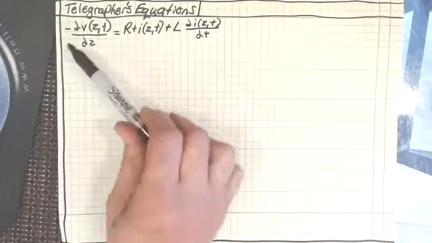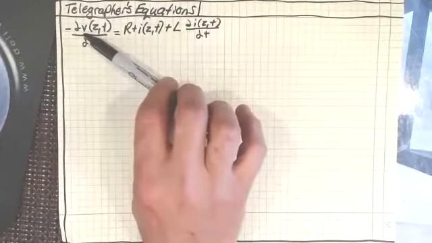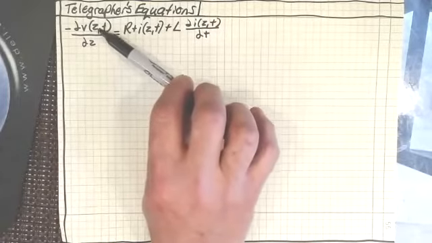Now, if you're looking at these equations, you're probably thinking, of course they're partials, because the voltage there is a function of z and a function of t.